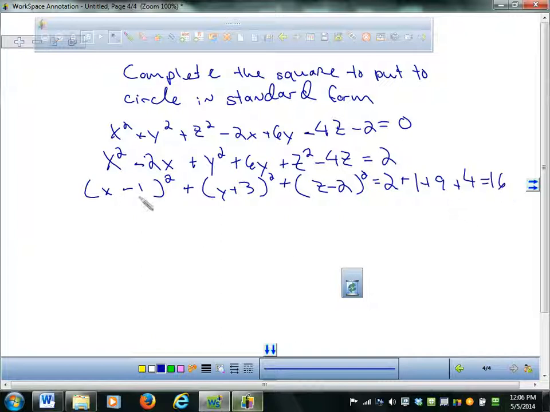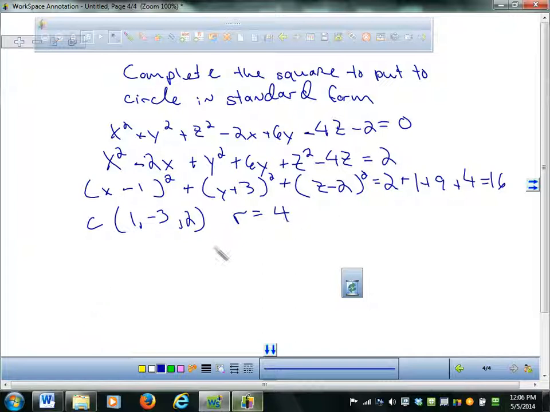And so this is a sphere with the center at 1, negative 3, 2. Right? There's a center. And the radius is what? 4. Right? Easy enough? Yes?